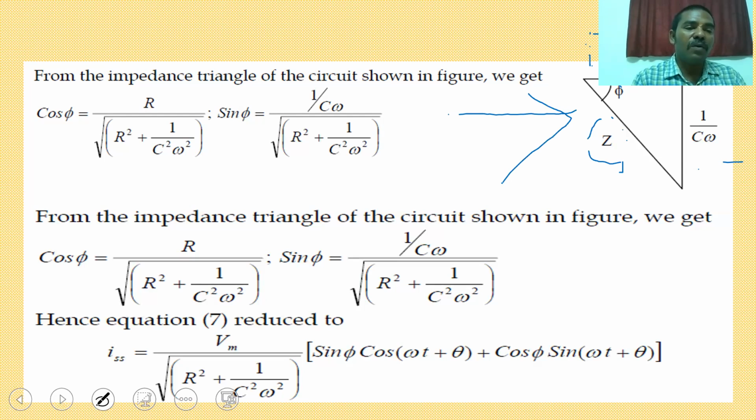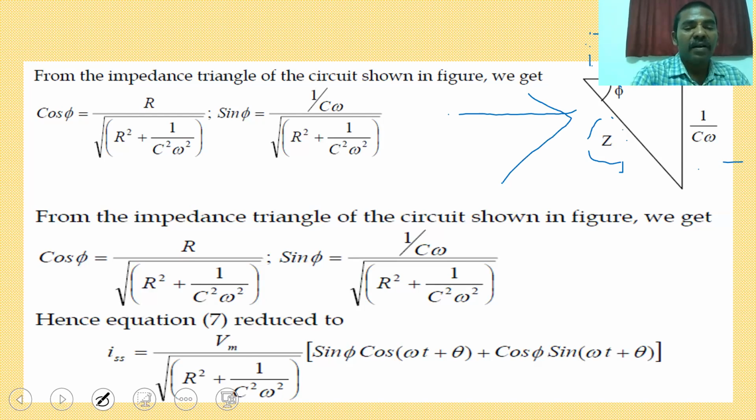Okay. So cos phi is r divided by root of r square plus 1 by c square omega square, and sin phi is 1 by c omega divided by root of r square plus 1 by c square omega square. Now we are substituting the values.